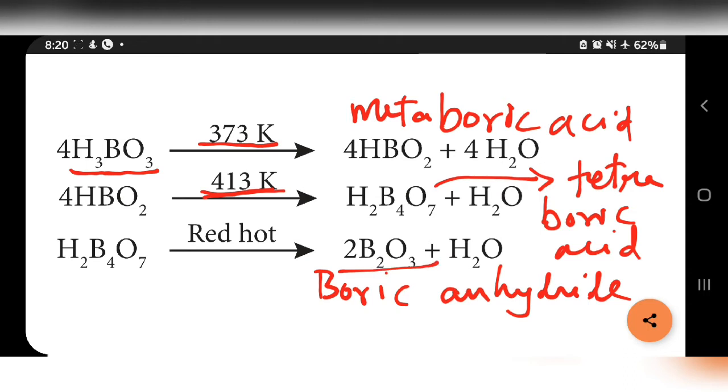So, 3 different products are obtained. Explain the action of heat on boric acid means you have to write all these 3 equations. First, it forms metaboric acid, after that tetraboric acid, after that boric anhydride.